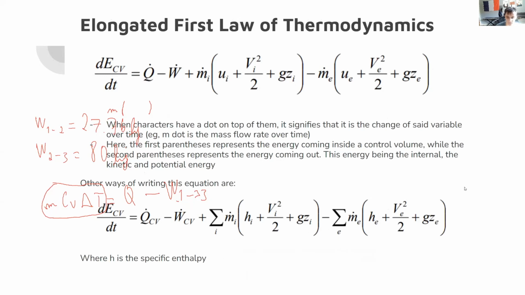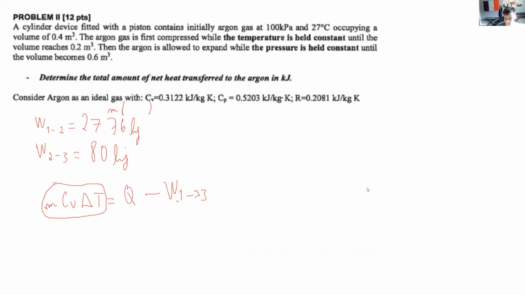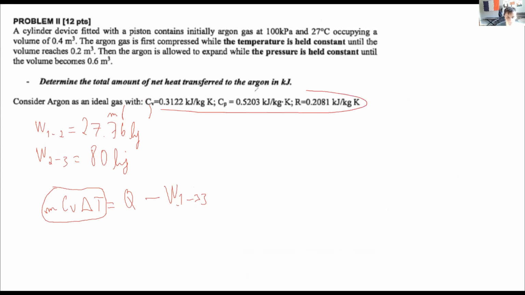And then this whole equation is just the first law equation, so this is a good exercise to practice the first law. Also, whenever you see C_V or C_P, it's a big hint that you might have to use that equation.